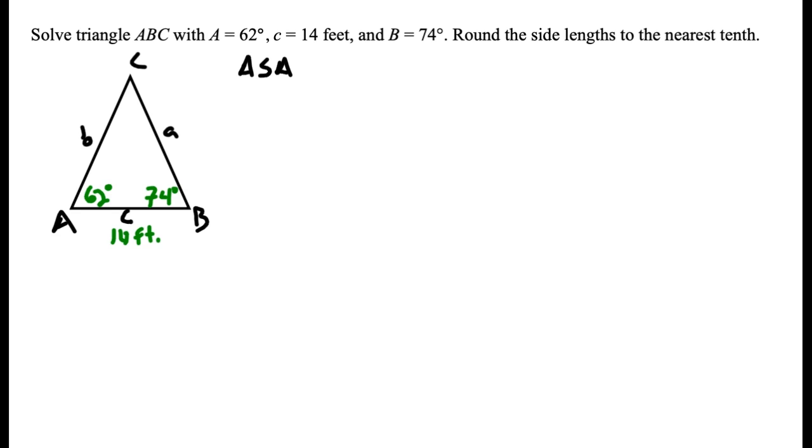So what we want to do first, if I know two angles, I can very easily solve for the third angle because I know that all three angles in any triangle add to 180.